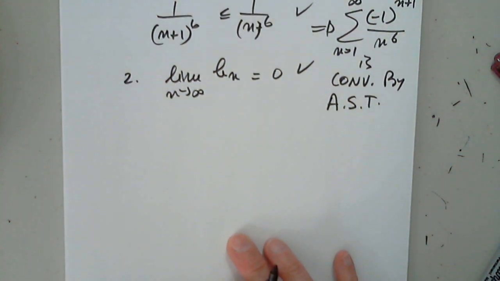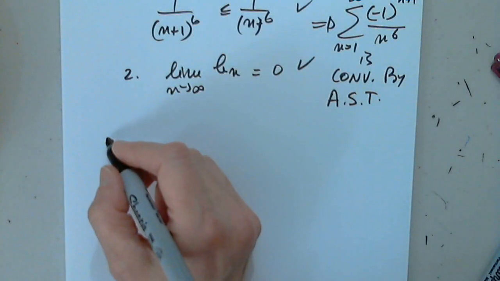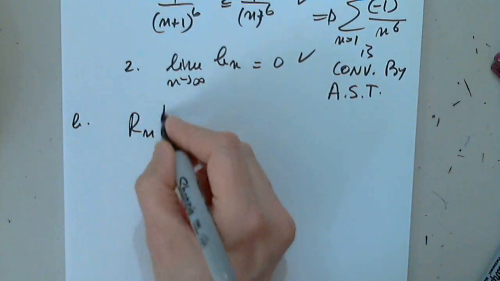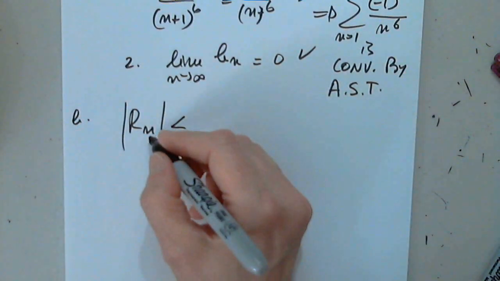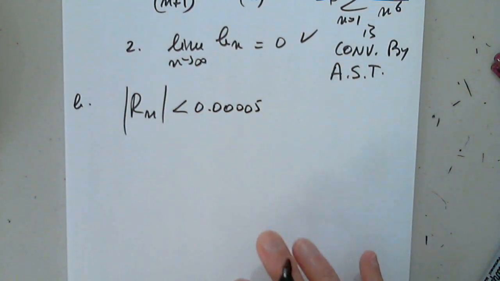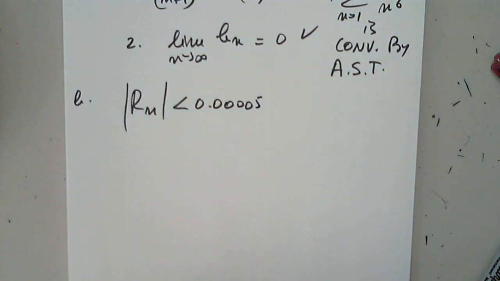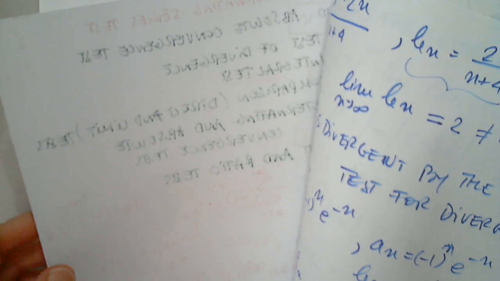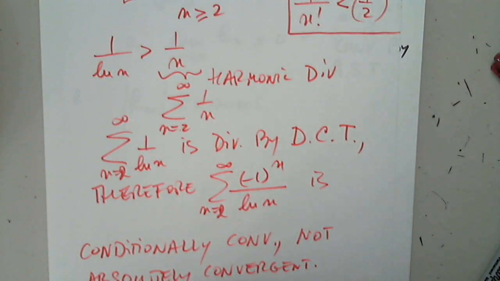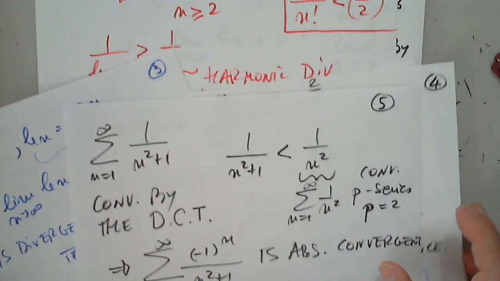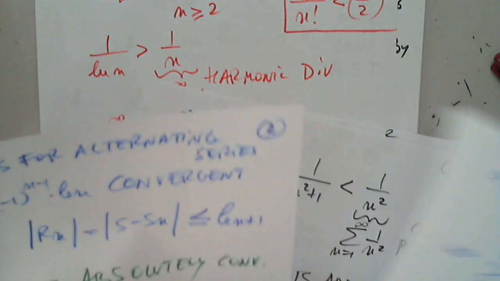Now, the second part, so this was part A, and in part B, they were asking us to find the number of terms such that the error is less than 0.00005. So remember in the situation of an alternating series test, here's my page 2.